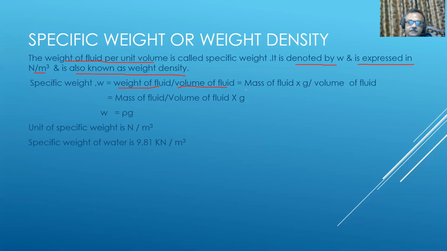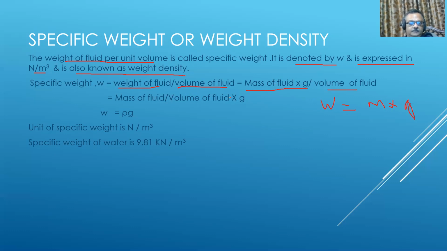Now students, this has come in this way. Why? Because W is equal to m into g. That is why it is written here: mass of fluid into g divided by volume of the fluid.